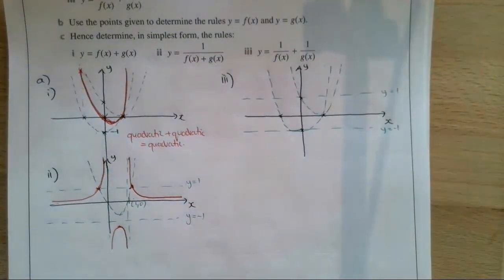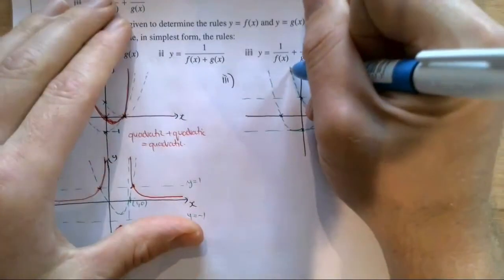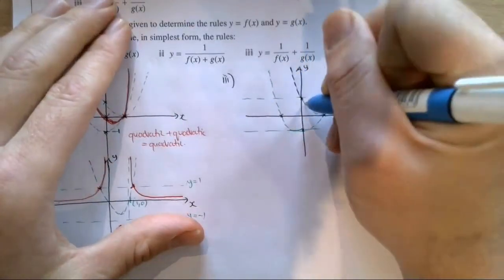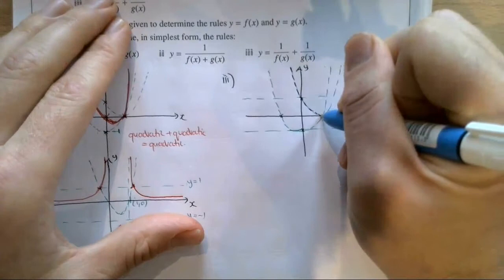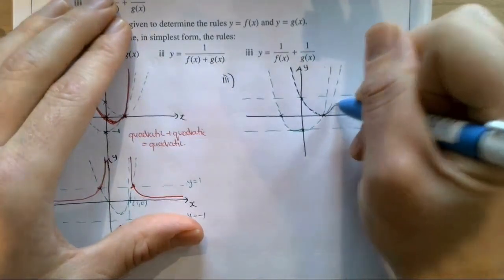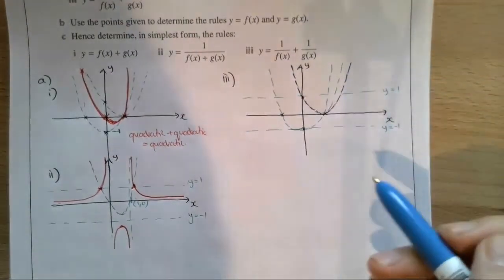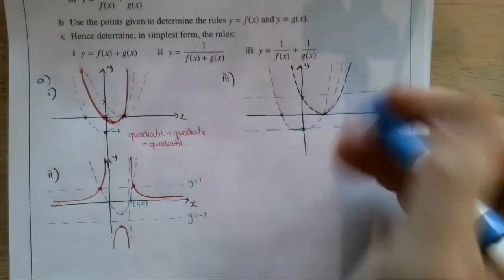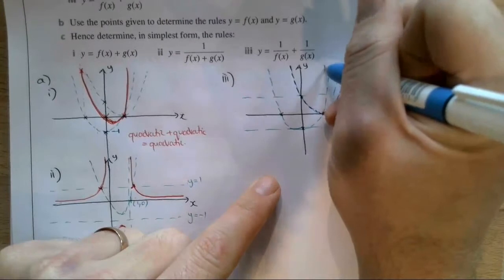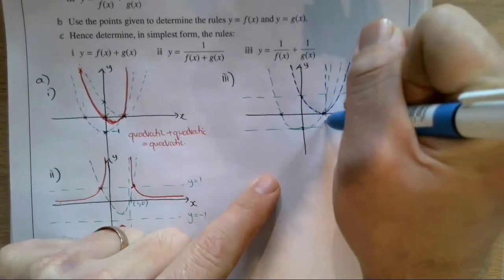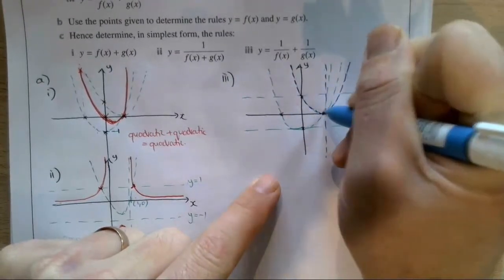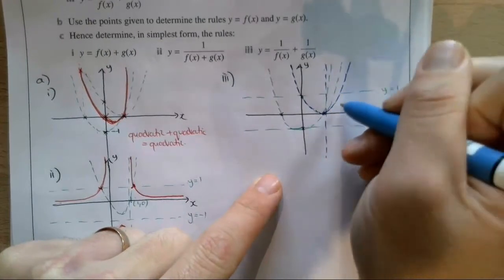And maybe to make this a little bit easier, what I'll do is draw one of these in blue and one in green, so you can see which one I'm doing at each point. So let's do the blue one first. The 0 is going to become an asymptote, and there's only going to be one vertical asymptote.